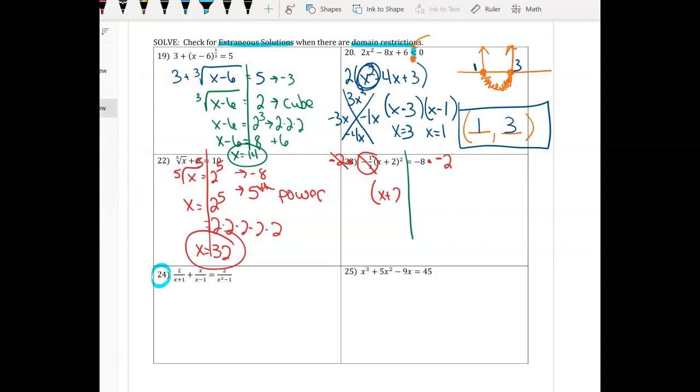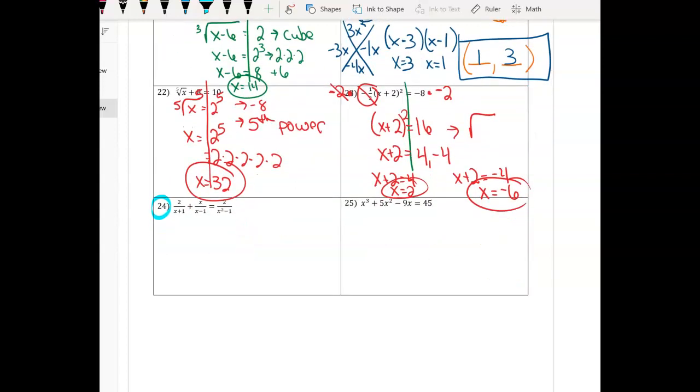Okay, with a positive 16, and now I will undo the square by square rooting. We are solving, so when I take the square root of 16, I'll have 4 and negative 4. And then I'll have a problem of x plus 2 with 4, x plus 2 with negative 4, and I get my 2 answers of negative 6 and 2.